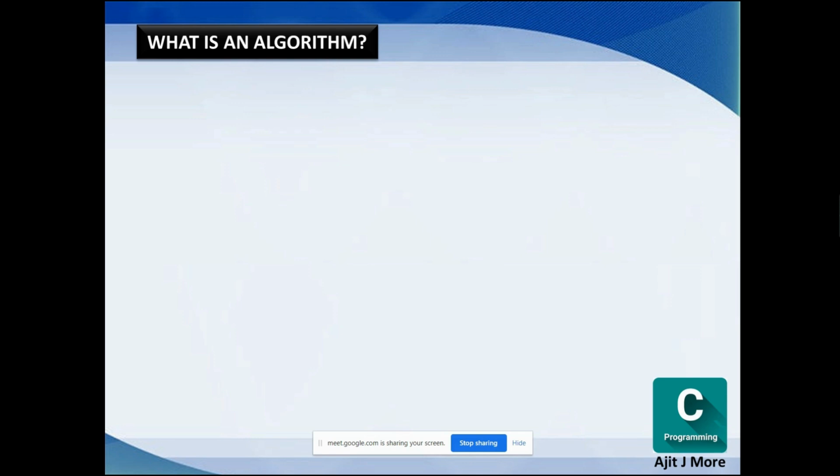So to get that goal, you write the detailed sequence of steps, but those steps are finite only, they cannot be infinite. When you tell it to someone to follow, the computer, some other person, or you yourself, once you follow it, you'll get the desired result.